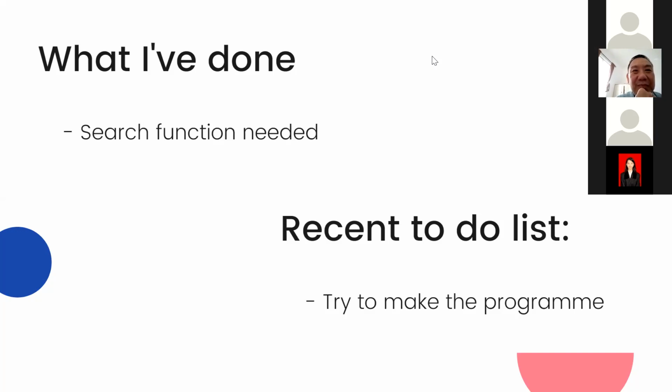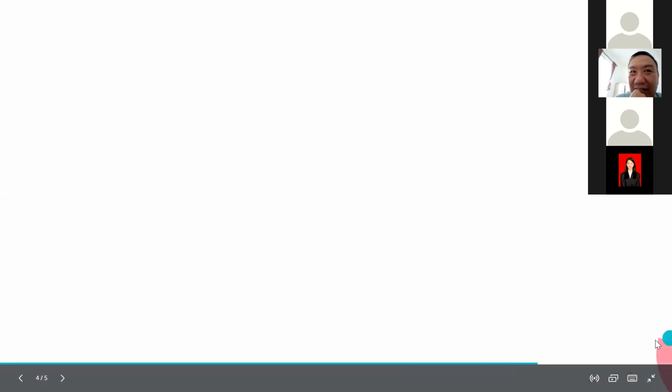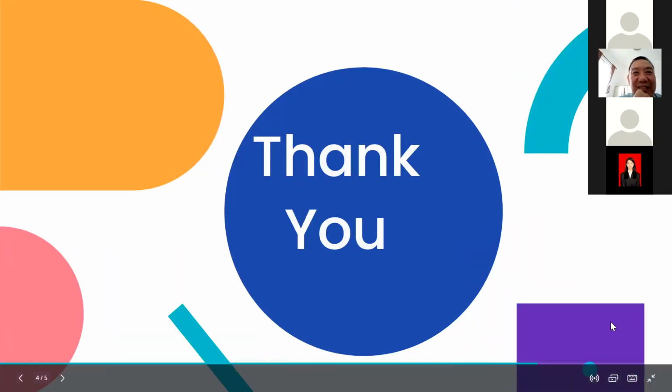Yeah. And then what I've done, I've only searched for the function that I needed, and it turns out it also needs VBA, and then my mission to-do list is to try to make the program. Next.